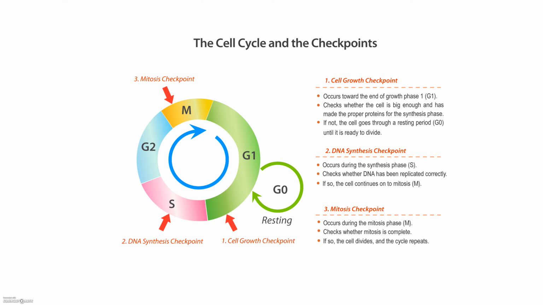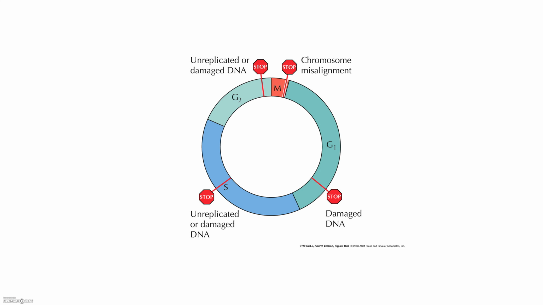And finally, there's a mitosis checkpoint. And this is to check whether the mitosis is being completed and see if everything is going fine and being completed correctly. And those checkpoints are to prevent damaged DNA or damaged genetic materials from being replicated, so that the cell can function normally.